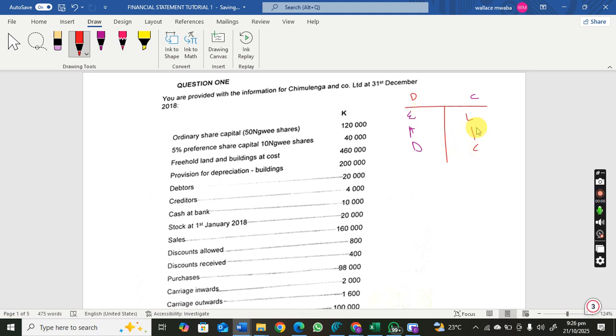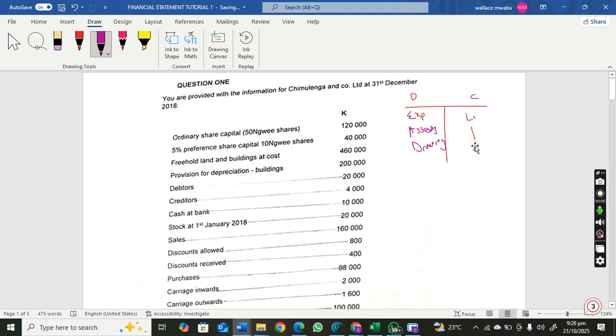On the debit side you have expenses, assets, drawings. On the credit side you have liabilities. You can just write this on your papers: liabilities, income or revenue, and capital.